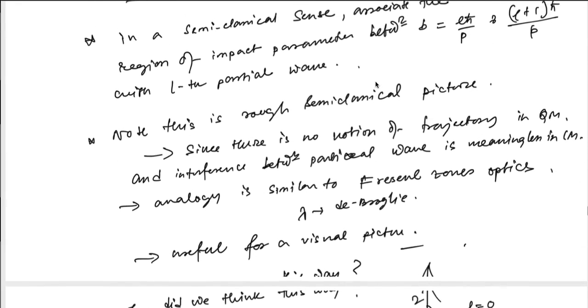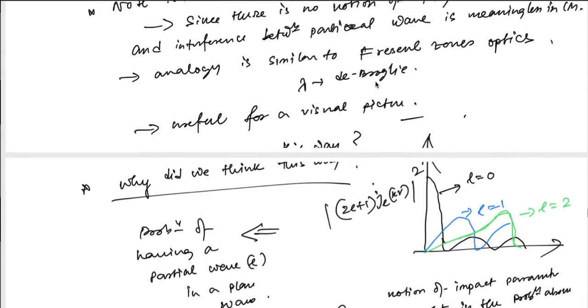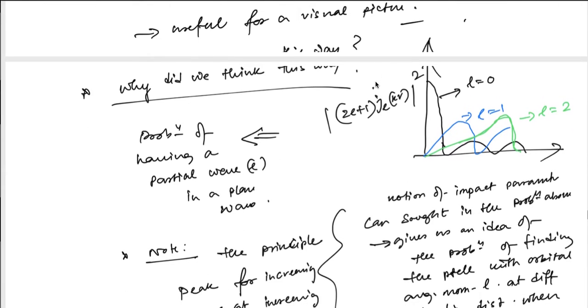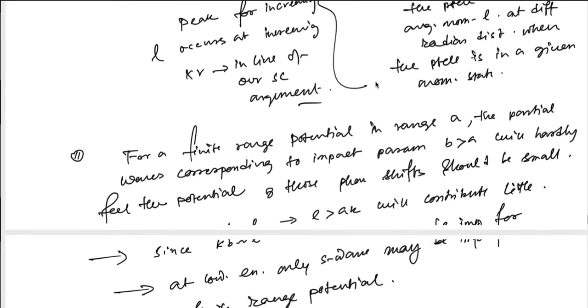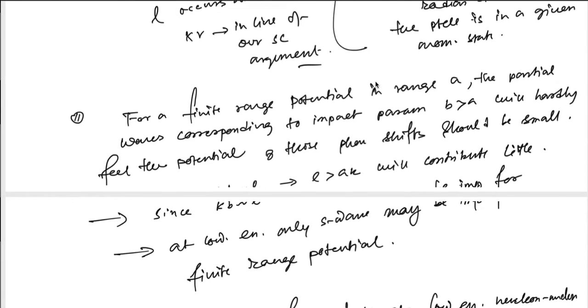Okay, now how is that kind of picture useful? We understand that this gives us a nice picture about this whole thing, but where does that picture lead us? That is what we would like to see. Suppose I have a potential of finite range a, let us say the potential decays almost to 0 beyond a certain region a.